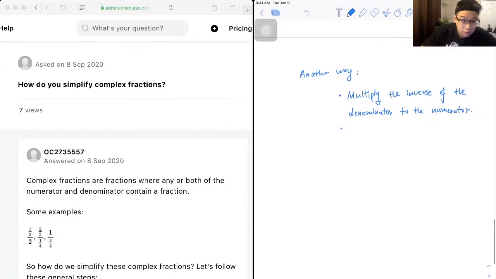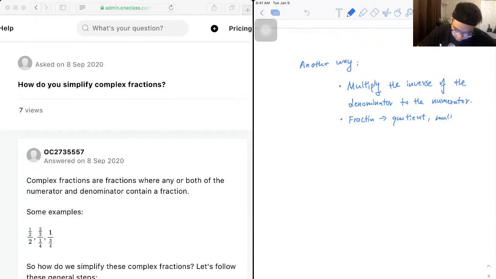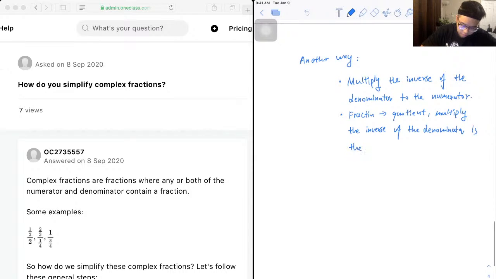And since fractions are quotients, we multiply the inverse of the denominator is the same thing as dividing the two fractions.